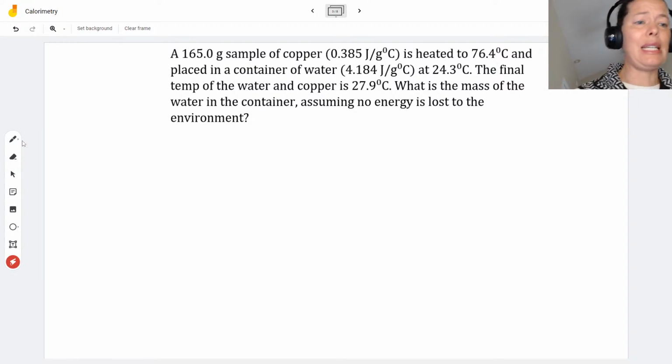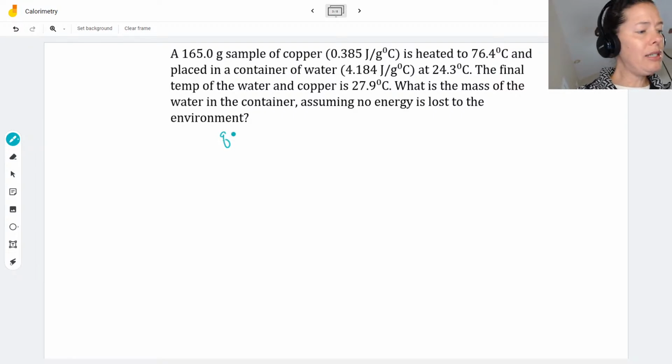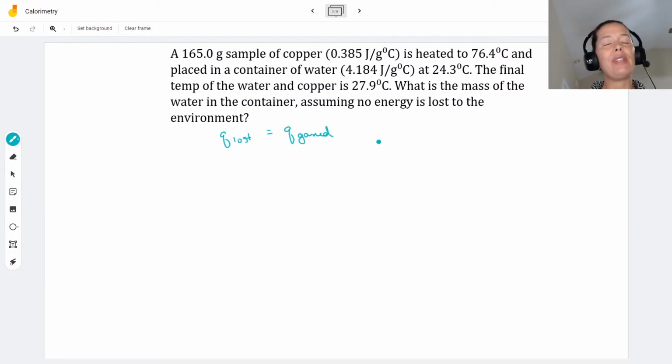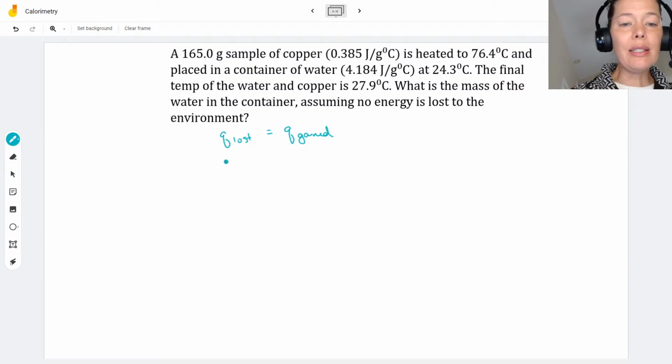So what this means is that the heat lost by the copper is going to equal the heat gained by the water. So we don't have to take into account any other things. So this means that the heat of the copper will equal the heat of the water.